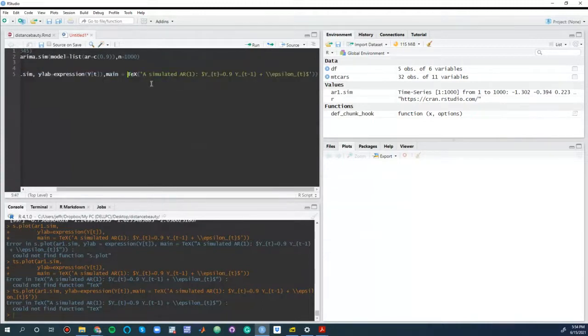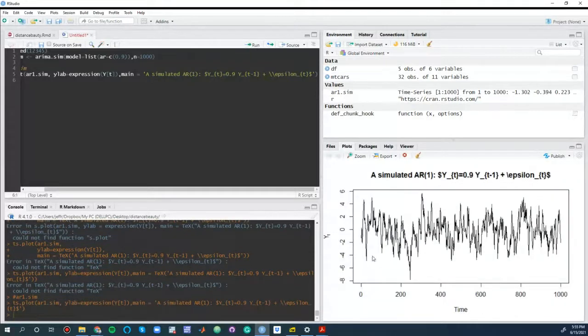There's one package I need to load. Okay, so this is what you see, right? So now, this is the function yt equal to 0.9 times yt minus 1 plus epsilon t. And that basically is the first question.